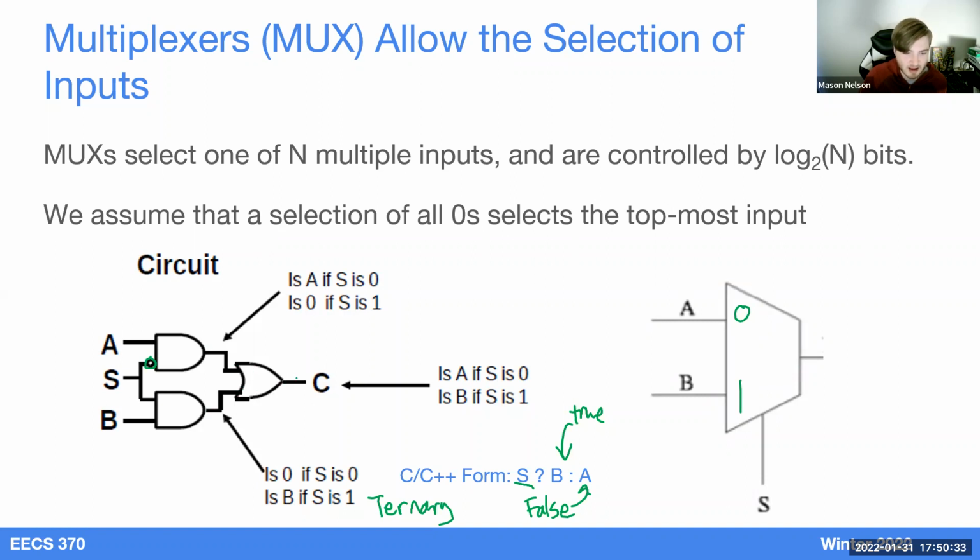This is 0 here. And so our output has now gone from B to 0. Then a short while later, once this finally gets to the NOT, then the AND, then the OR, it'll switch back to A. So for a brief period of time, our output of our mux is going to be something other than our inputs. And it'll be something similar when S switches from a 0 to a 1, I suppose.